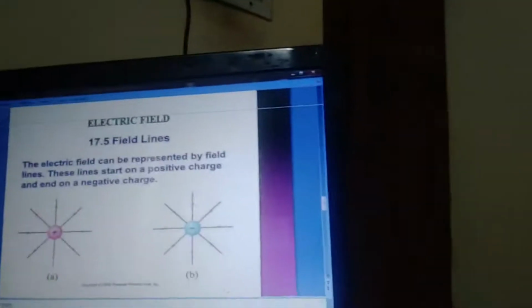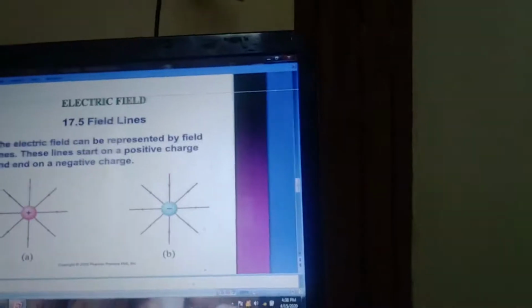I will show you how these electric field lines are acting. You can find some slides here. See, here you can see electric field lines.